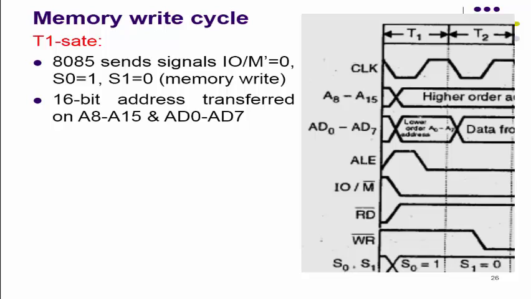Then as usual, the 16-bit address of the memory location is transferred: the higher order address provided by the instruction is placed on A8 to A15, and the lower order address is placed on AD0 to AD7, that is the multiplexed address and data lines.